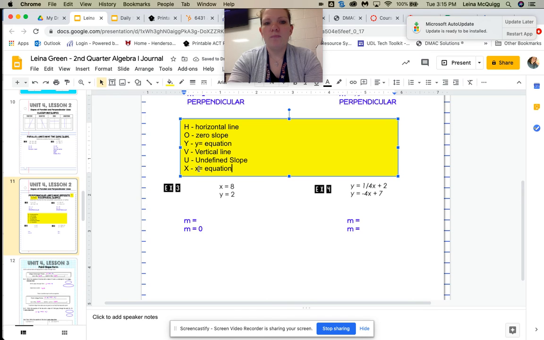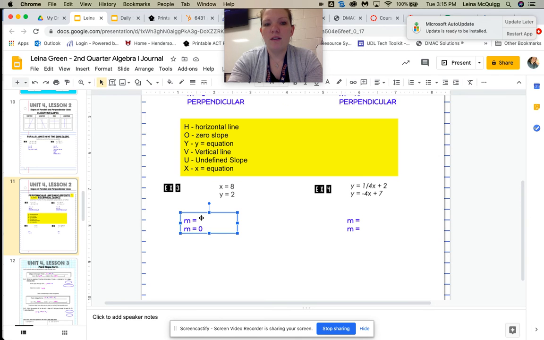So if it's horizontal, the slope is 0, and the equation has to be y equals. If it's a vertical line, then it's an undefined slope, and the equation has to be x equals. So here we have y equals, that slope was 0. Here we have x equals, my slope is undefined.